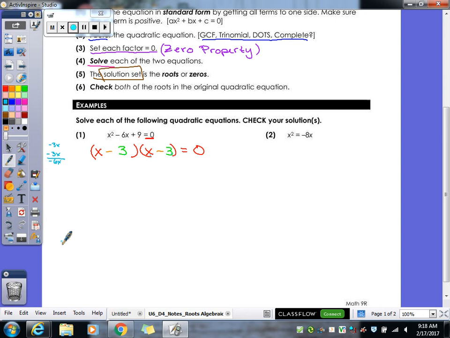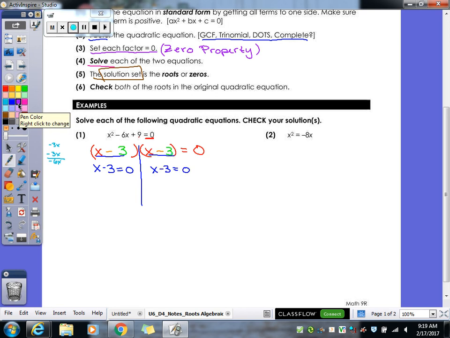Now, after we factored, we draw a line down in between our 2 factors. We're going to use our 0 property, which means either the stuff in this parentheses is a 0, or the stuff in that parentheses over there is a 0.